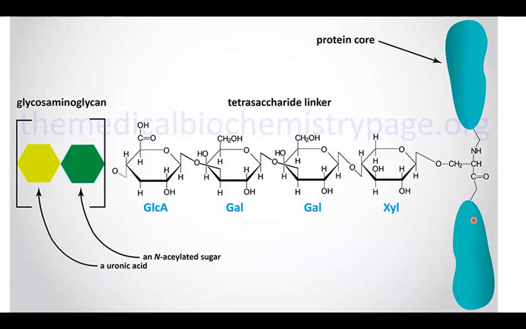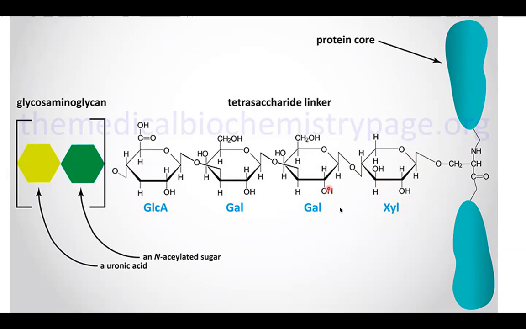Okay, so that's what they're showing you over here. They're showing you the proteoglycan, the carb component of it, which is what I'm highlighting over here, and the protein part. What they want you to be aware of is how the protein connects to the carb component, or the sugars.